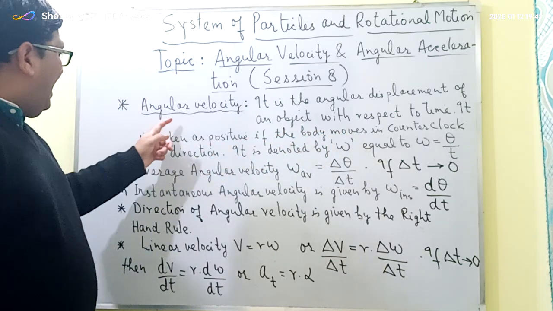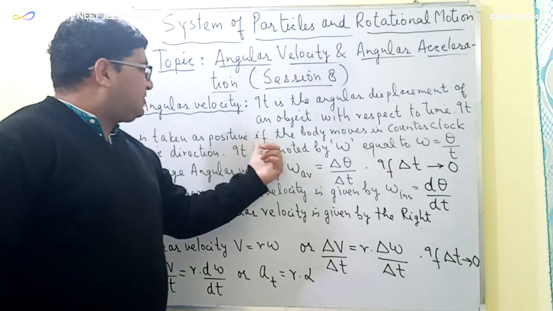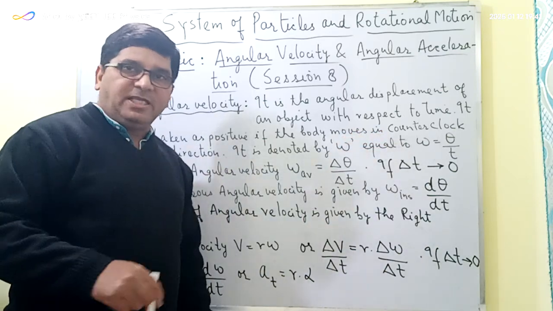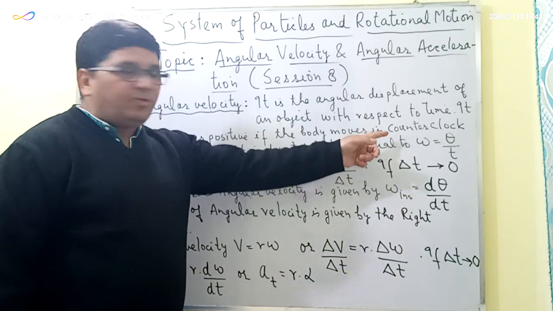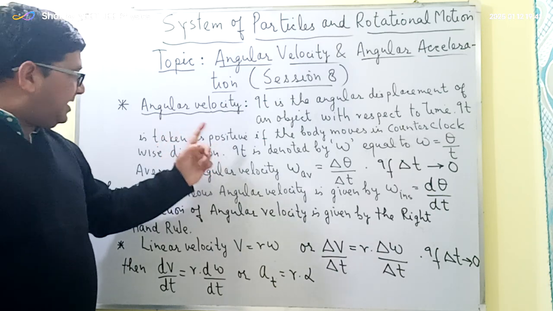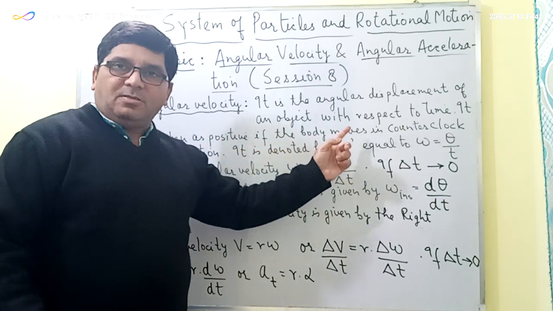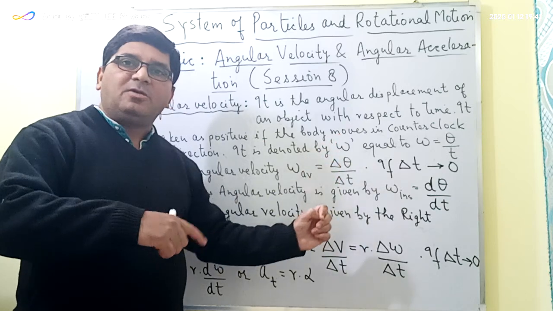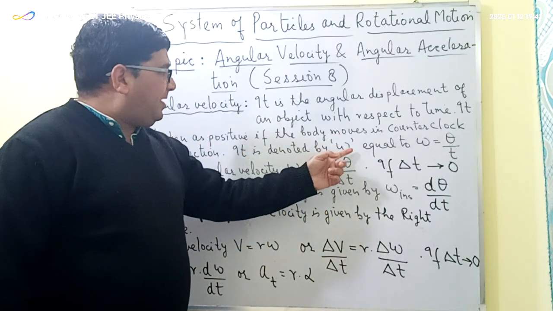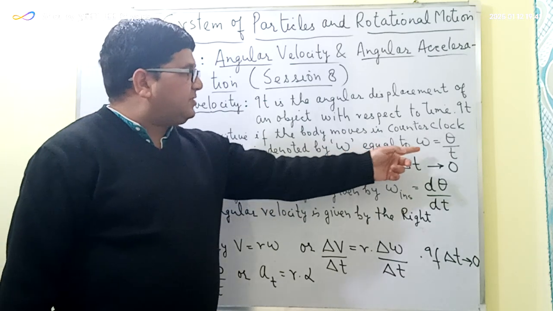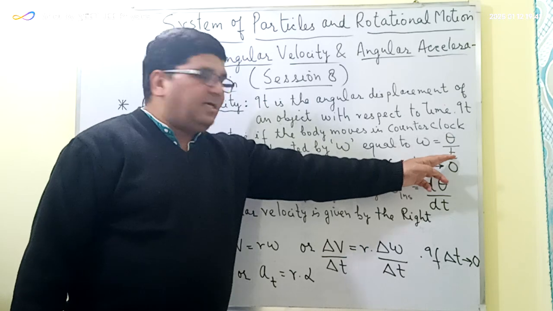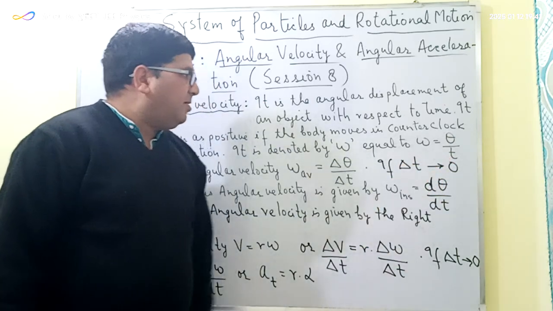It is taken as positive if the body is rotating in a counterclockwise direction, and negative if the body is rotating in a clockwise direction. Angular velocity is denoted by omega, and omega is equal to theta upon t, where theta is the angular displacement and t is the change in time.